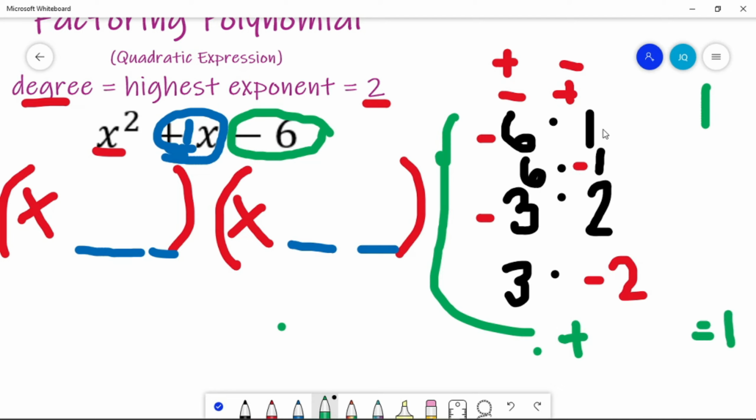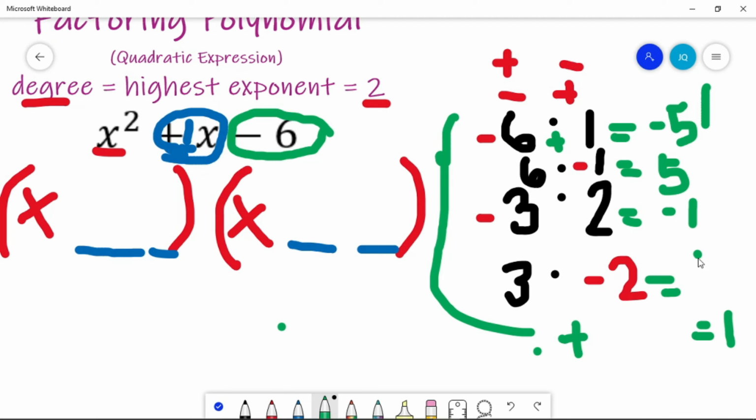So let's check. Negative 6 plus 1 is negative 5, so this is incorrect. This is positive 5. This is negative 1. And this is positive 1.